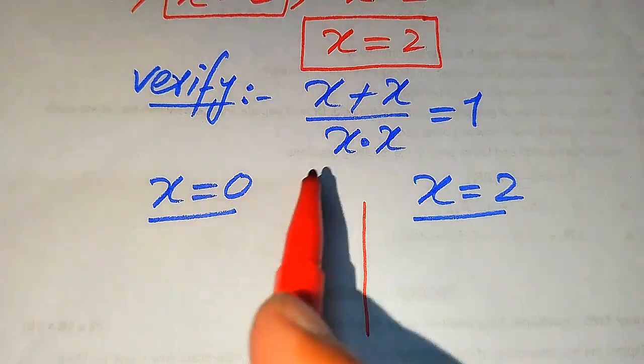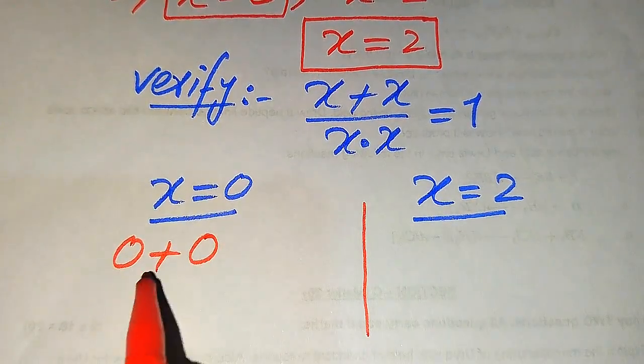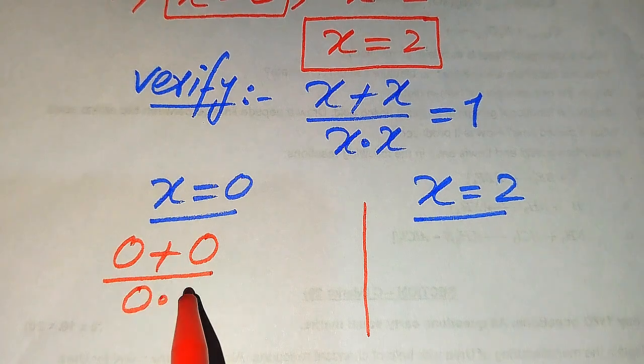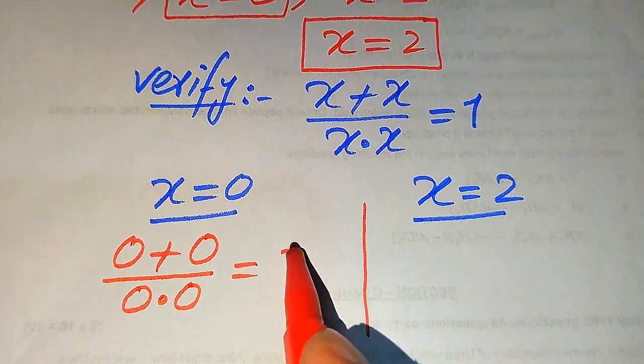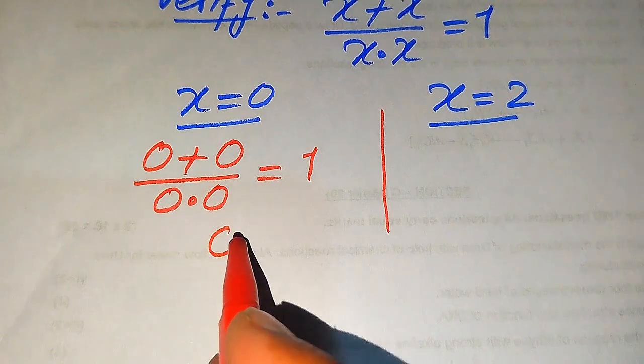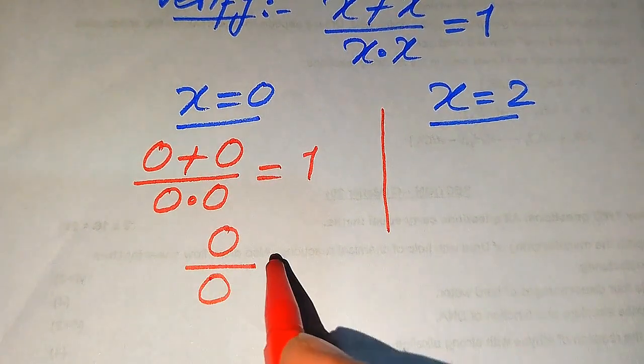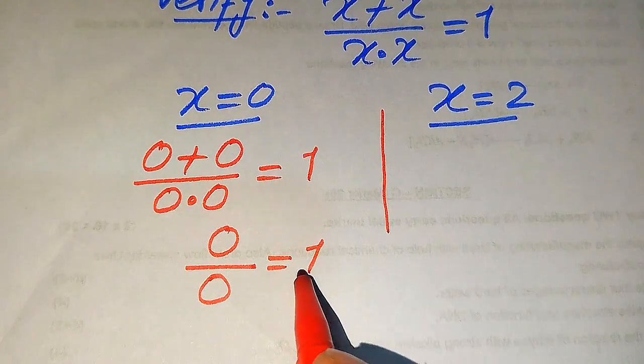When you put this value into the left hand side, it becomes 0 plus 0 divided by 0 multiplied by 0 is equal to 1. You see here 0 plus 0 becomes 0, and 0 multiplied by 0 becomes 0, is equal to 1.